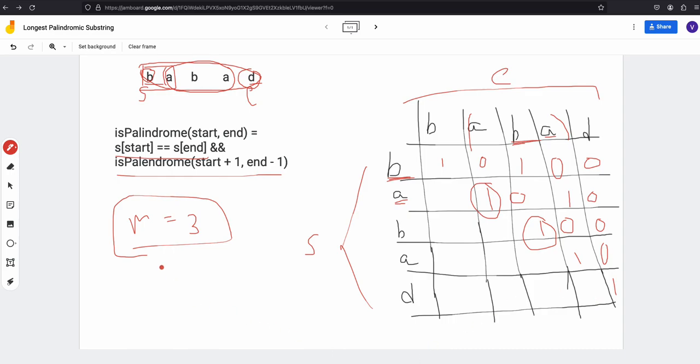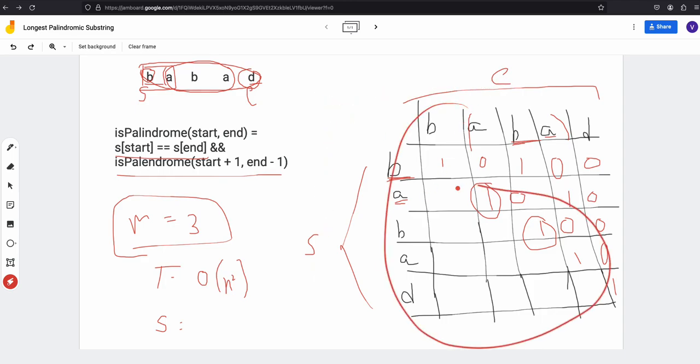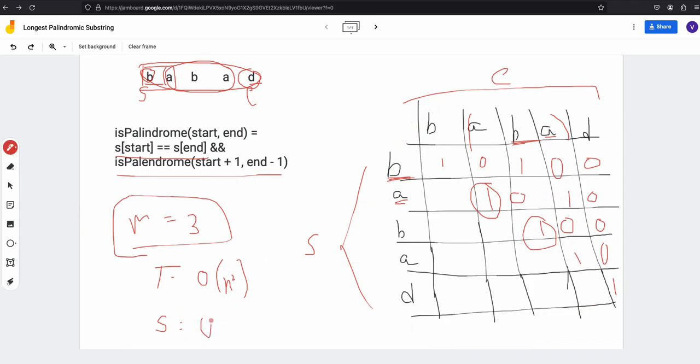So what is the time complexity? Time complexity would be O of n square. What is the space complexity? We are using a 2D matrix to store our data, which is O of n square again.